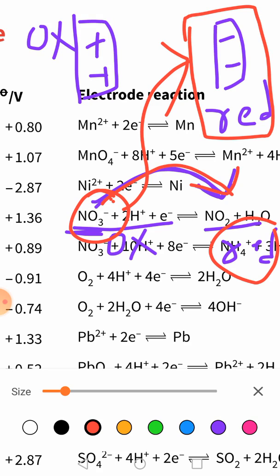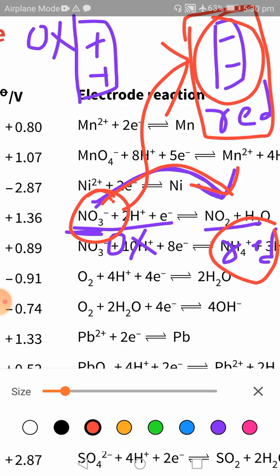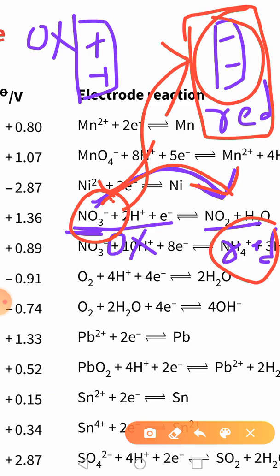Now tell me, will nitrate actually travel to the cathode? Actually no, because the cathode has a negative charge, and nitrate also has a negative charge, isn't it? So they would repel, and thus nitrate will never be neutralized.